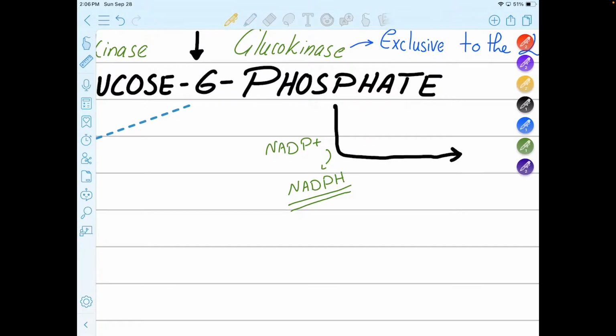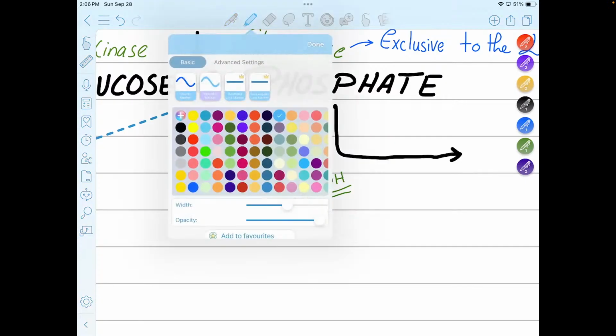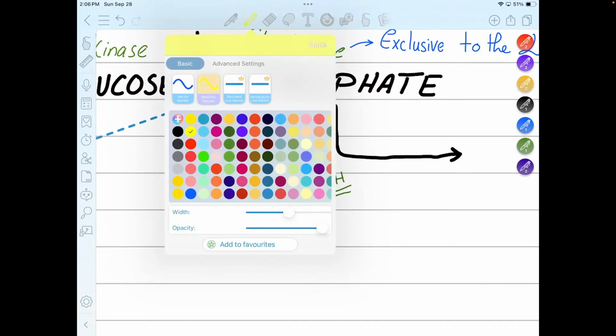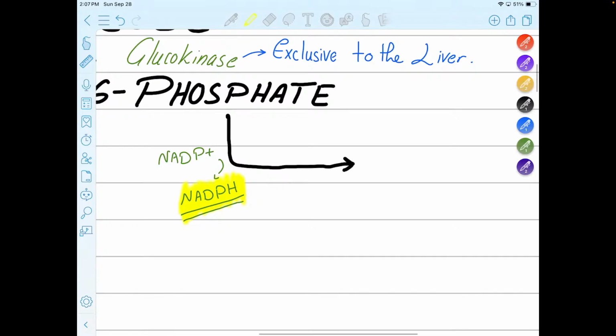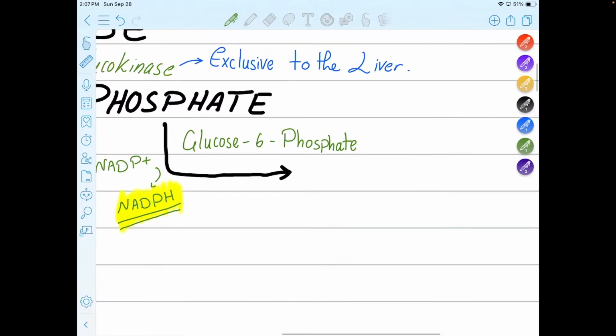Isn't that simple enough? You can highlight this. So NADPH is being formed. What is the enzyme here? This is basically known as glucose 6 phosphate dehydrogenase.